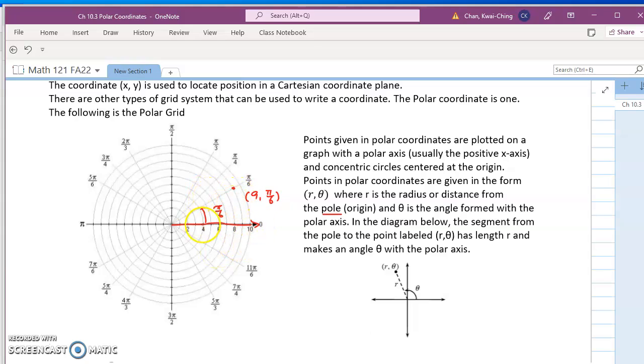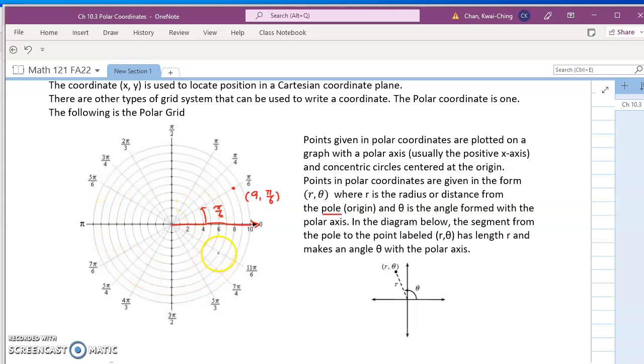Usually we label the polar axis 1, 2, 3, 4, 5, 6, 7, 8, whatever. And instead of just the y-axis, we have all these radian lines that tell us the special angles: pi over 6, pi over 4, pi over 3, 2 pi over 3, 3 pi over 4, all these, from 0 to 2 pi.